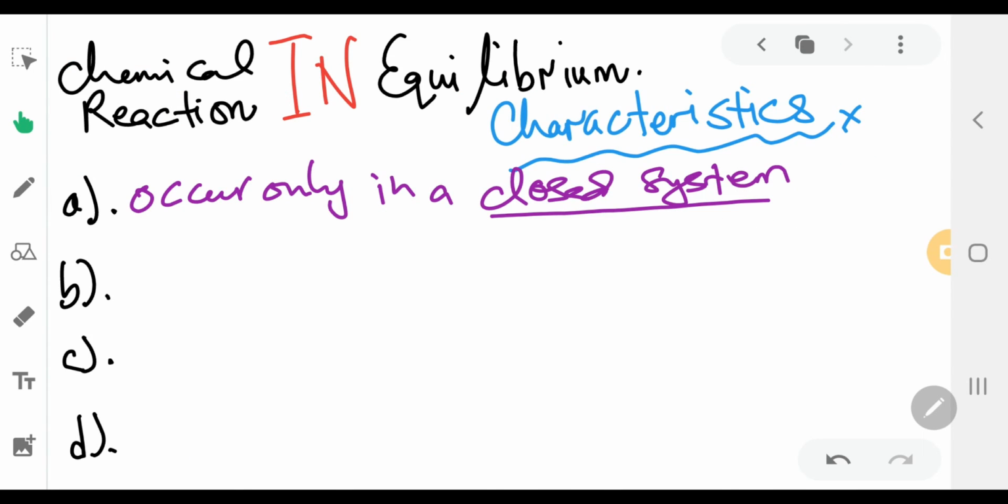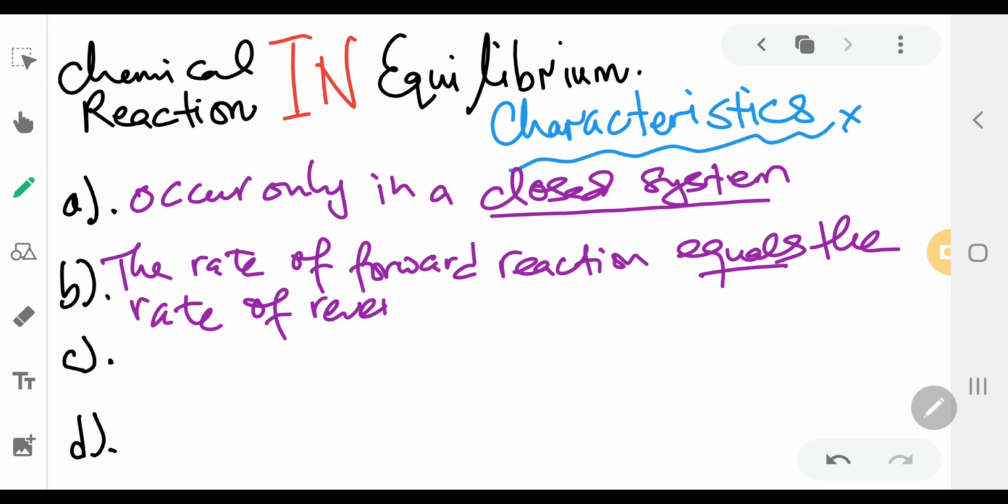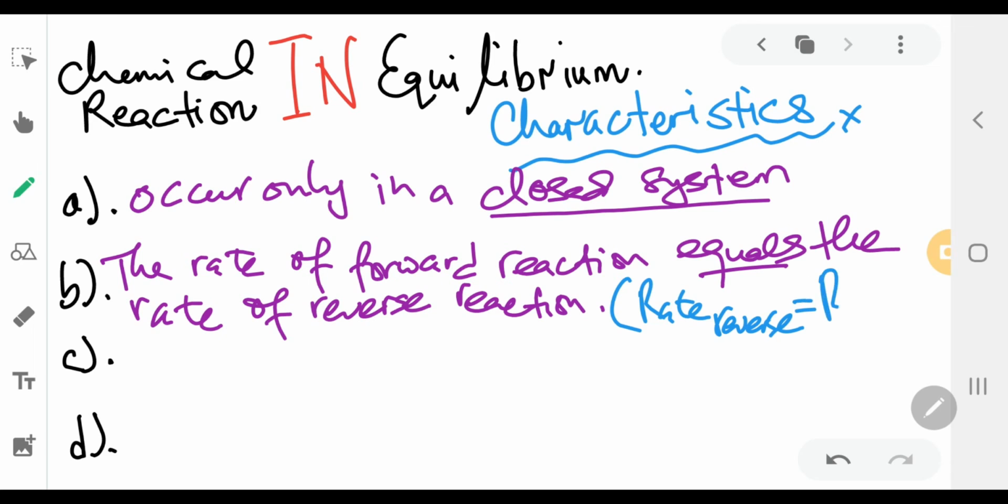Okay? And then B, the most important thing that you need to include for the characteristics, like what we have mentioned just now, is that the rate of forward reaction equals the rate of reverse reaction, or you can imagine that the rate of reverse equals the rate of forward.